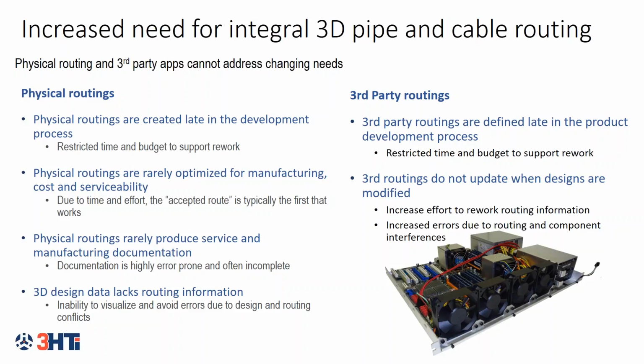Due to time and effort, the accepted route is typically the first one that works rather than the most optimal. Another problem associated with physical routing is incomplete, inaccurate, or even missing documentation. Without 3D routing information, engineers and designers are unable to visualize and avoid errors due to design and routing conflicts.